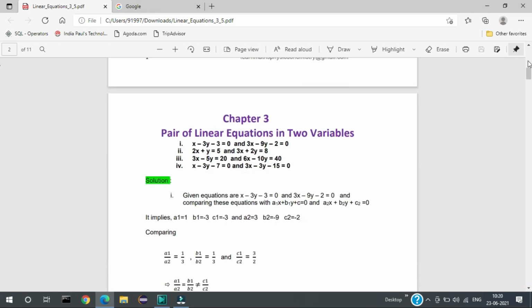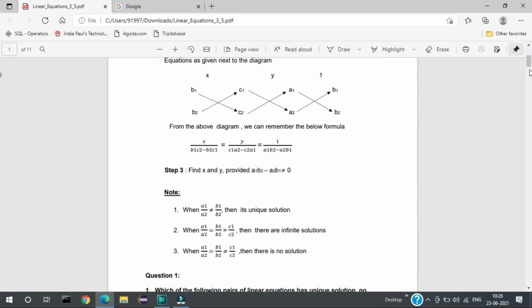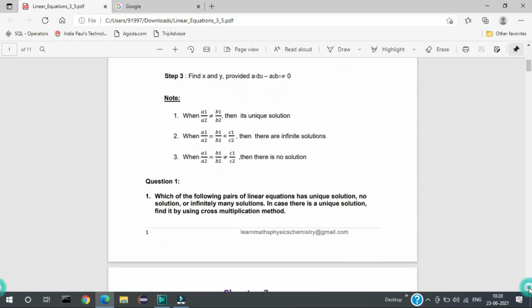Question number 1. Which of the following pairs of linear equations has unique solution, no solution, or infinitely many solutions?